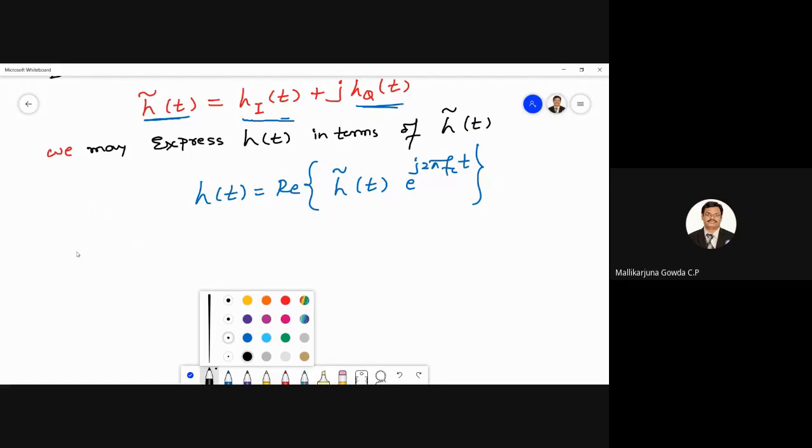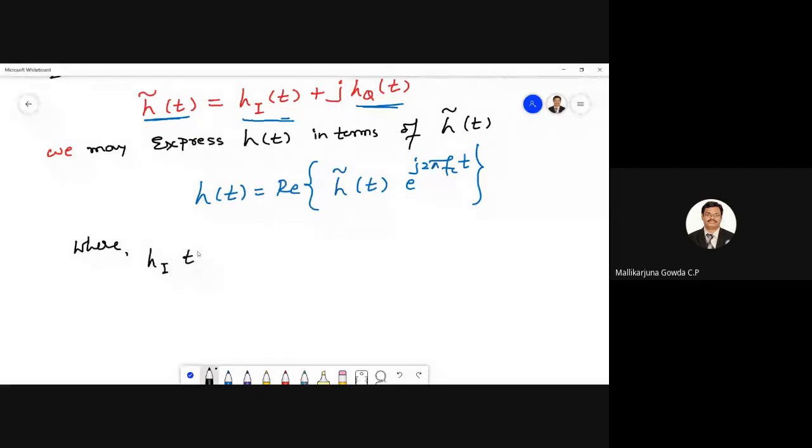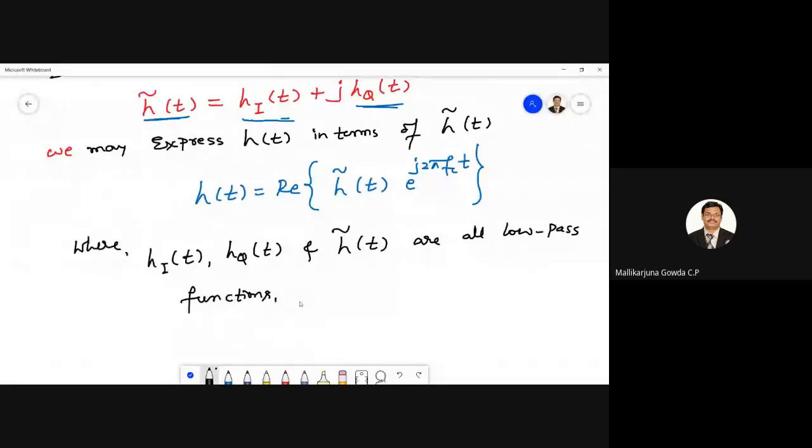So, where hi of t, hq of t, and h tilde of t are all low pass functions, their frequency band is limited to less than or equal to the system bandwidth.